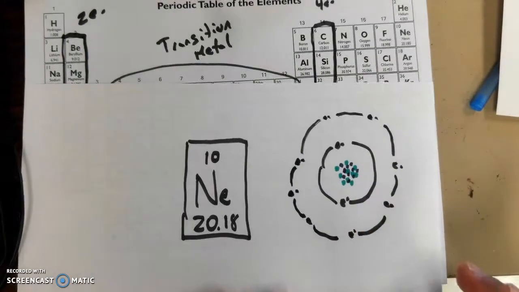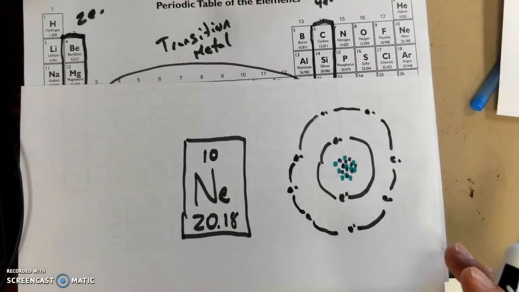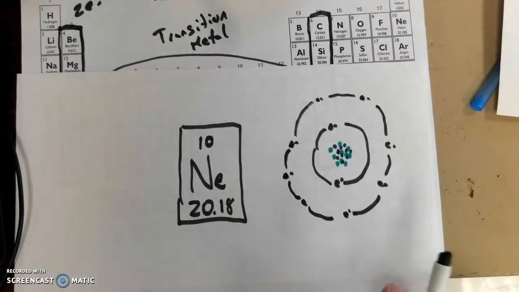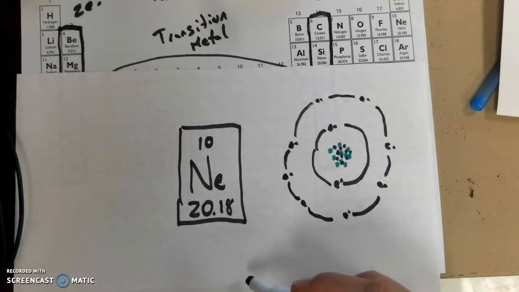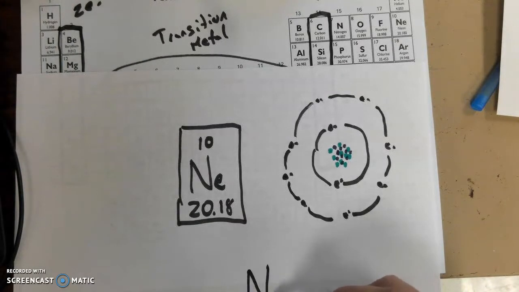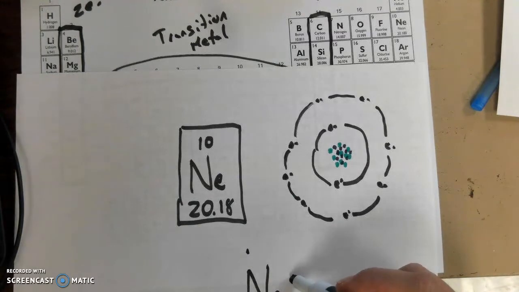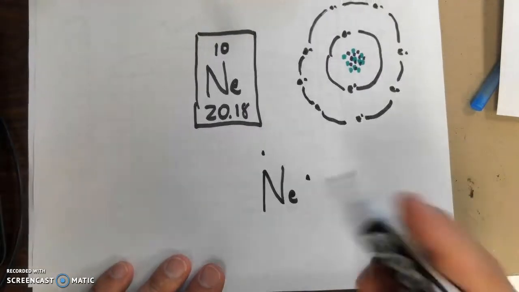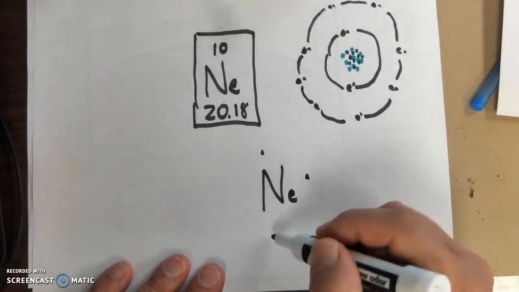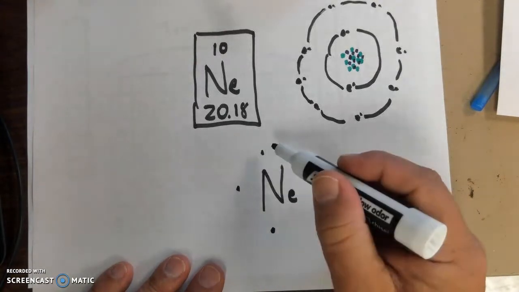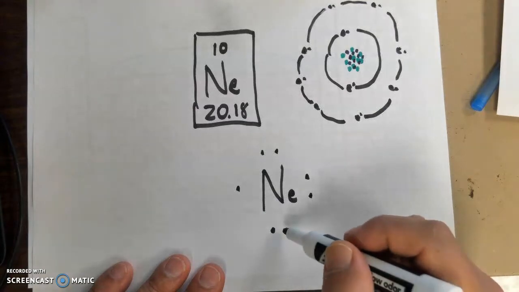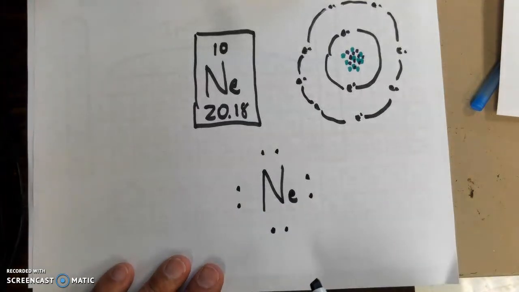Boy, I'm glad that I can do an electron dot model so I don't have to bother to draw an atom all the time. Okay, so neon's electron dot model, let's do 8 electrons to symbolize that, is 1, 2, 3, 4, 5, 6, 7, 8.